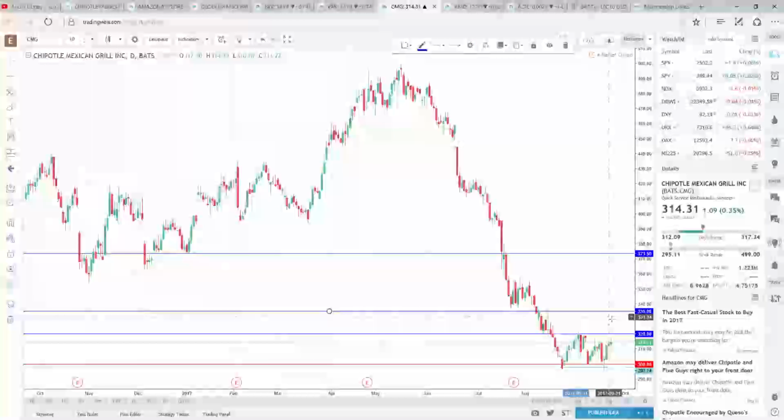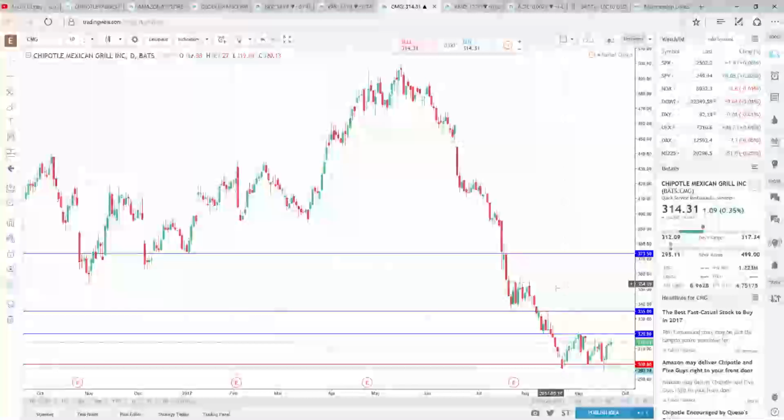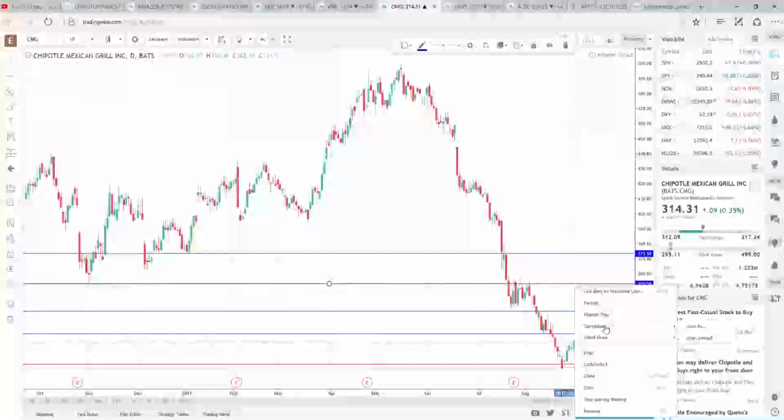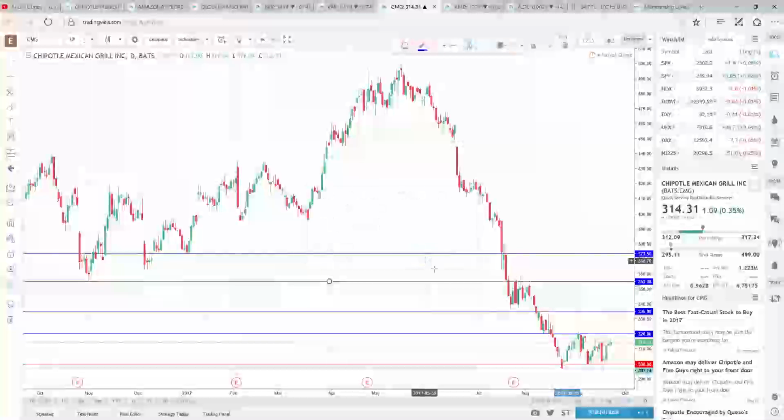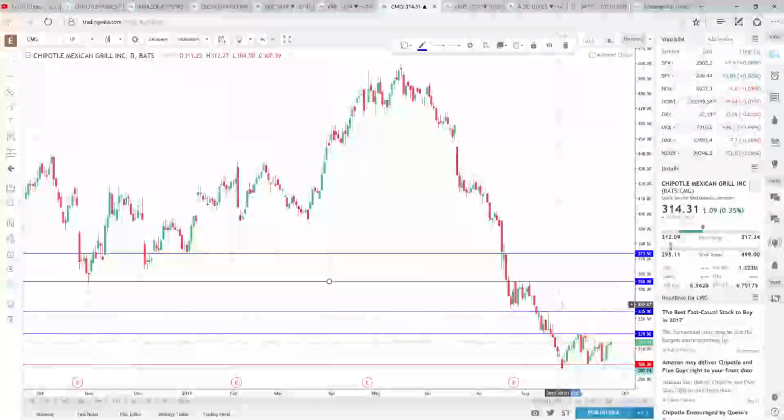And see, so now we got 3 levels of resistance, and we have one. This would be our long-term breakout target, and this would be our shortest term target, our mid-term target, and now this would be our third target, would be right around the 355 level. And see, now we have 4 levels of resistance.